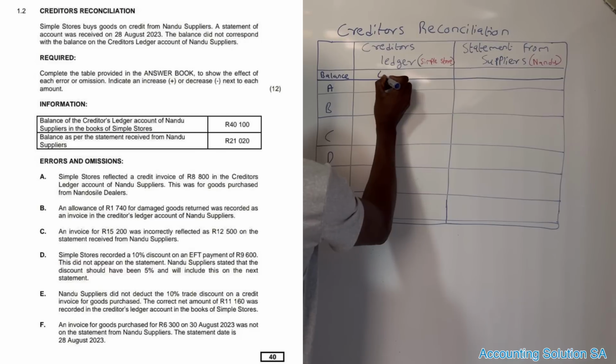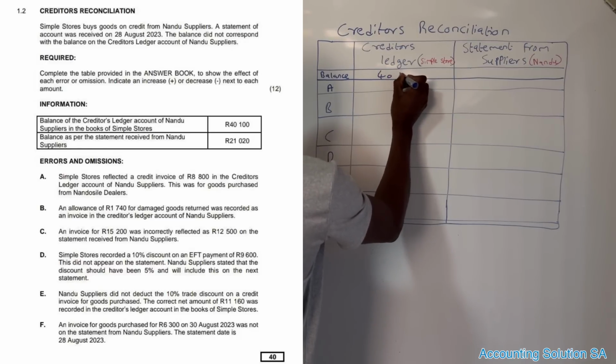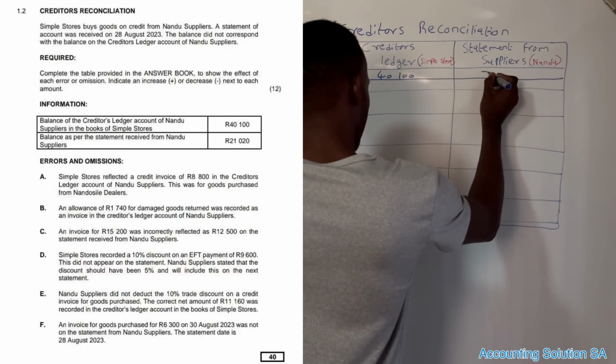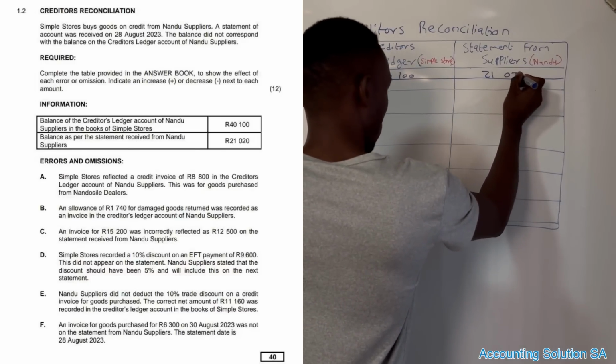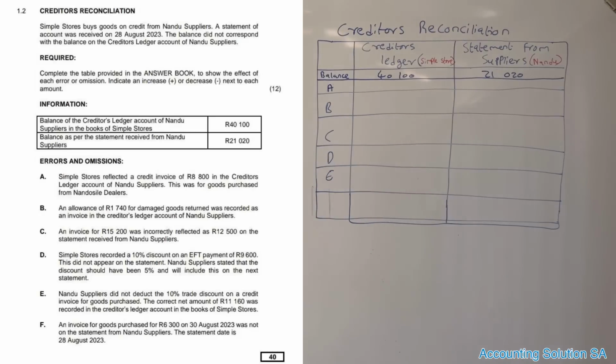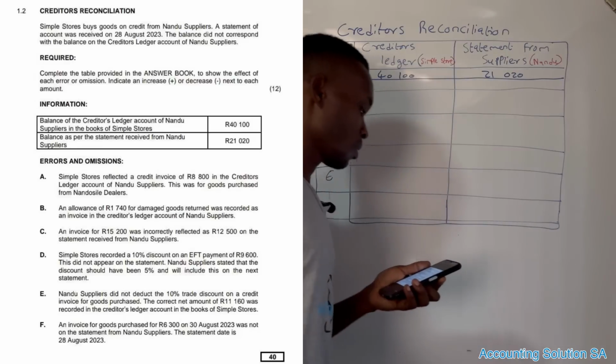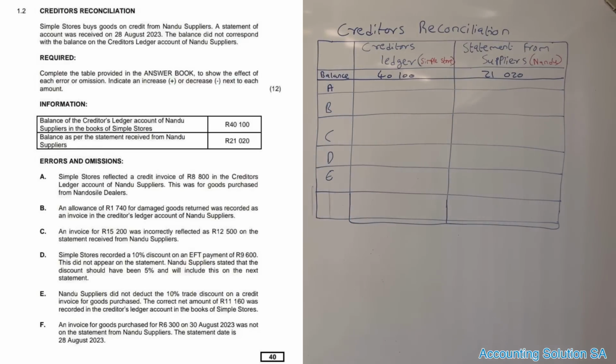It was 40,100, and on the other side, our supplier's is 21,020. Now let's go to number A. This opening balance, guys, they didn't even have marks for this activity. It was just copy and paste.